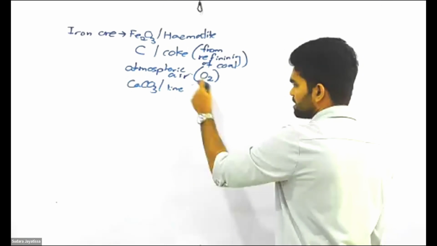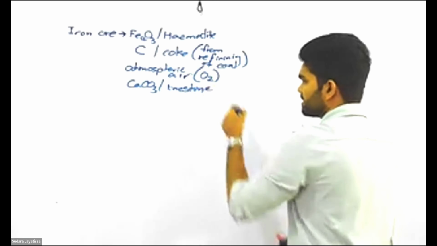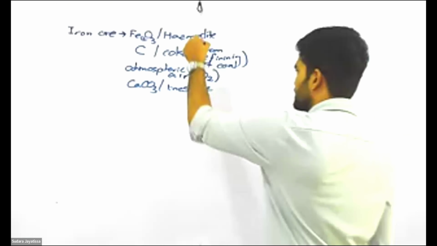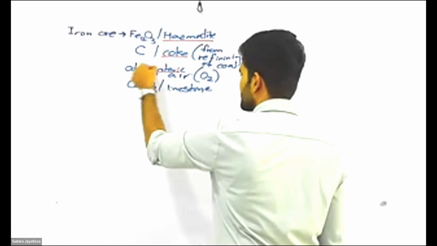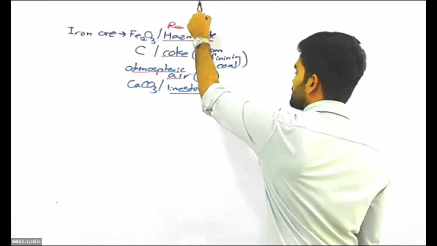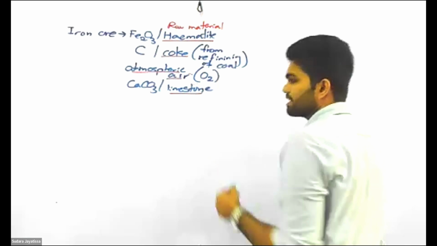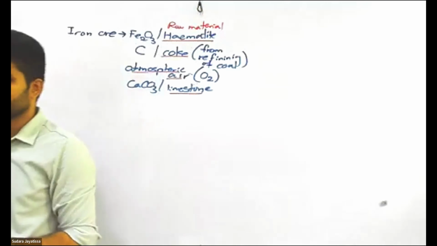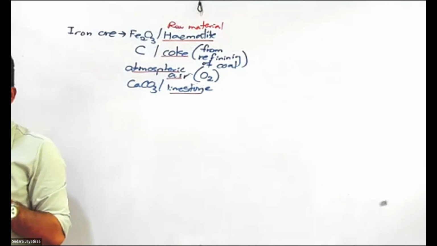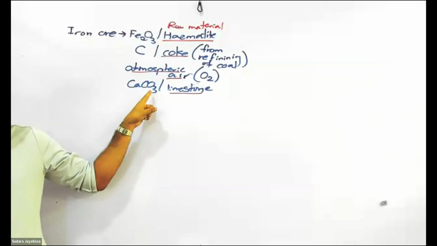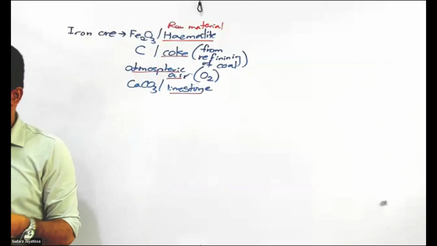The thing is, when they ask you to write raw materials, don't write the chemical formula. When you are asked for raw materials, you need to write the raw material names. Sometimes they ask for the chemicals used. When they are more inclined to ask for the chemical substance, then you can write their formula.